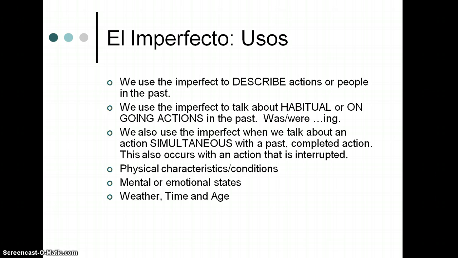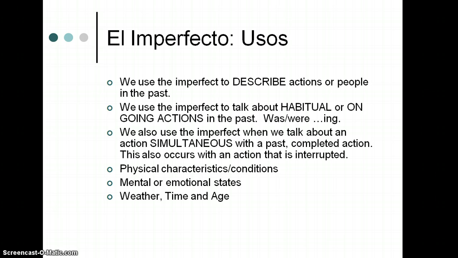We use the imperfect also to talk about habitual or ongoing actions in the past. The habitual actions, if you remember, were acciones repetidas, or repeated actions. Things like, cada semana yo iba a la biblioteca. Every week I would go, or I used to go to the library. Now notice that when I say that, I didn't restrict the time frame like I did with my 3 trips to Mexico.